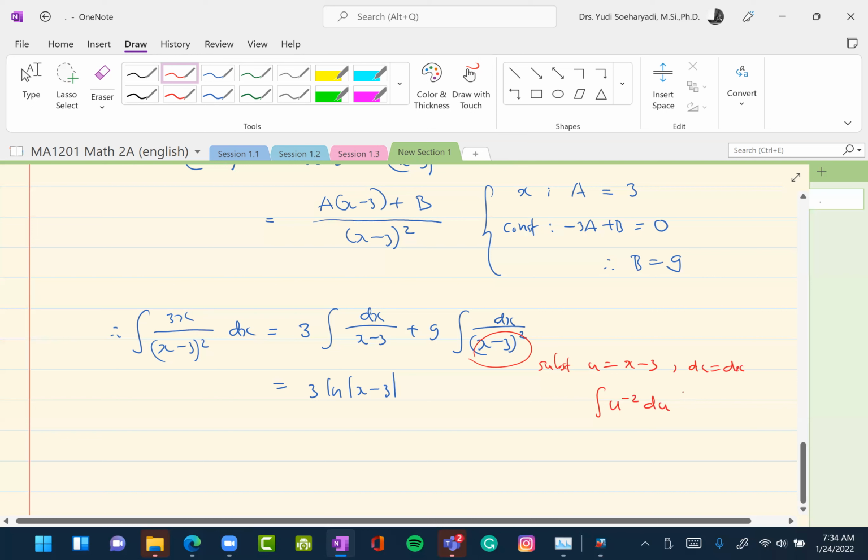Then you should get negative 9 over negative 1, u to the negative 1. So this is what you mean to get.